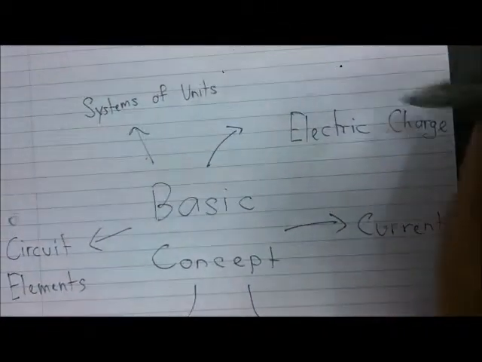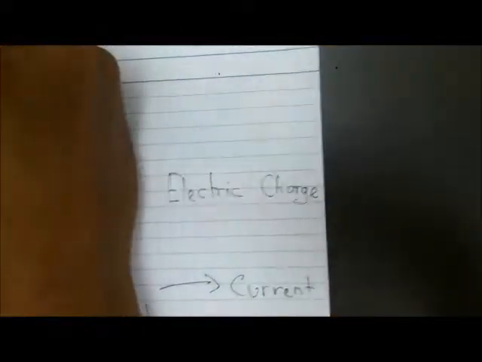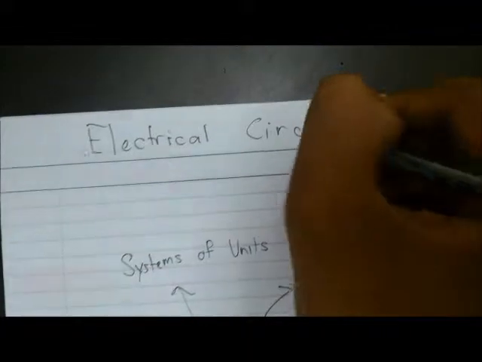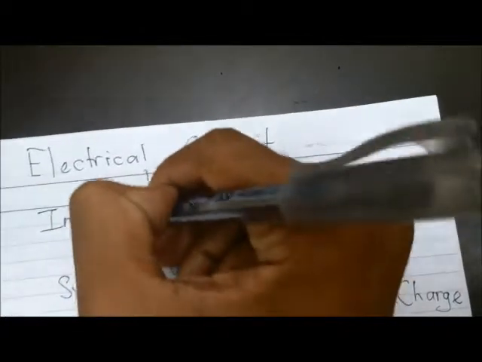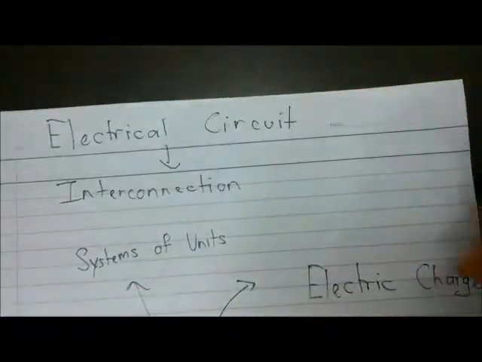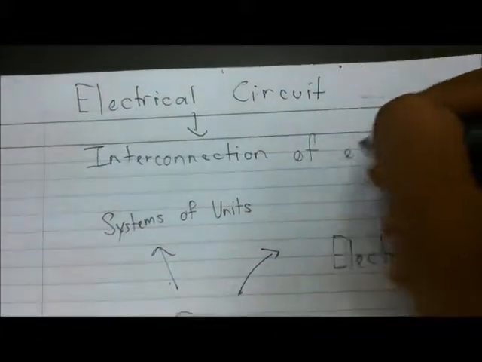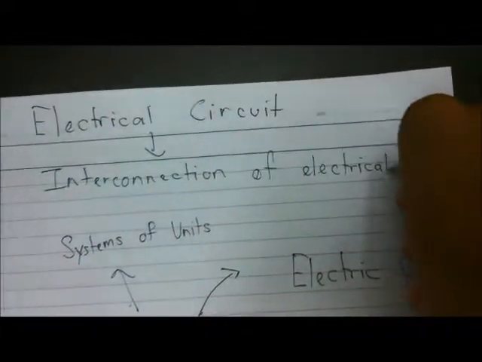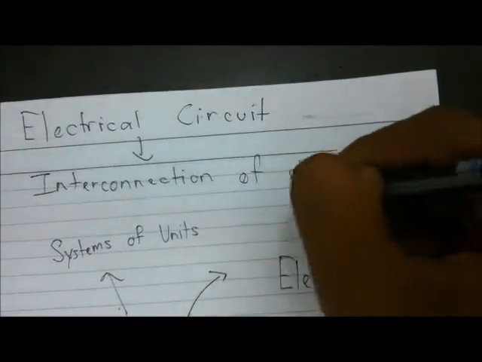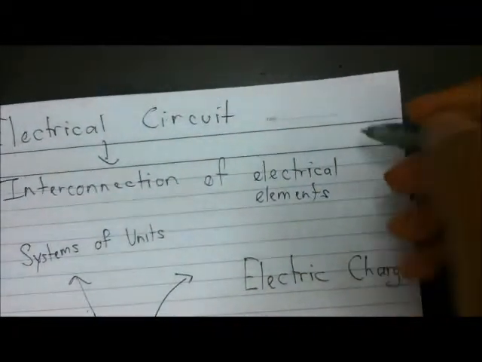So the introduction of the basic concept of electrical circuit is its definition, which we make as a prime scope first. It is the interconnection of electrical elements, which means the interconnection of the elements which constitute the circuit itself.